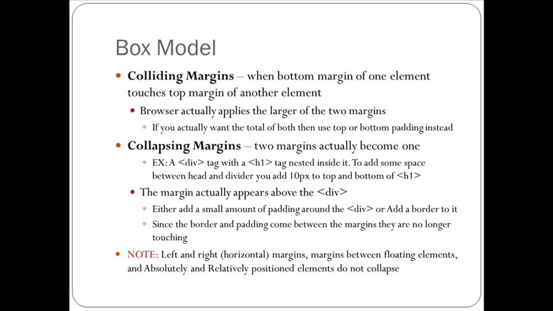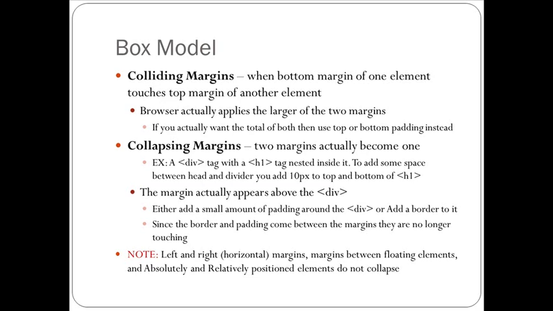In that case, instead of adding those two together, let's say the bottom margin of the top element was 10 pixels and the top margin of the bottom element was 20 pixels. Well, you would think that that would put 30 pixels between them, but it doesn't. What it actually does is apply the larger of those two. So instead of being 30, it would be the 20 from the top margin of the bottom element.